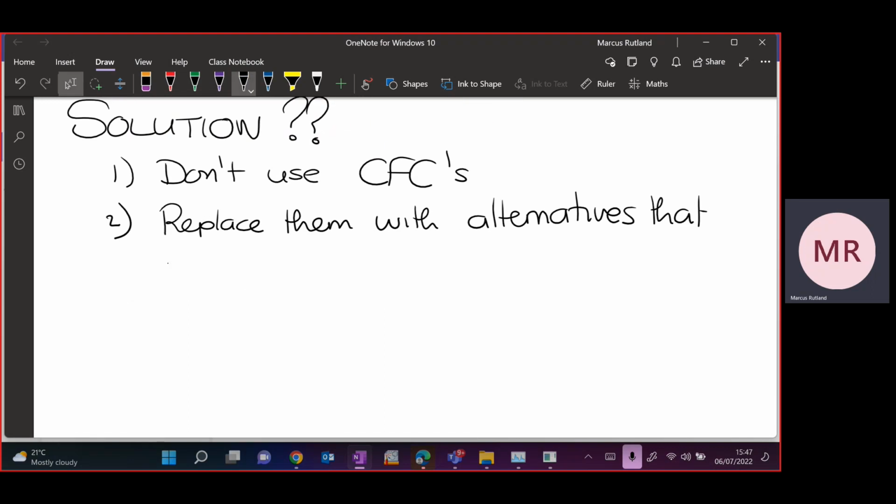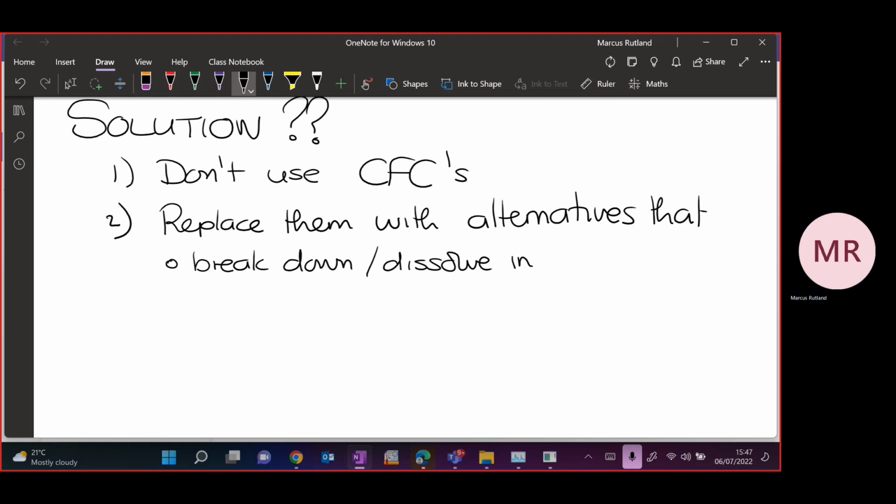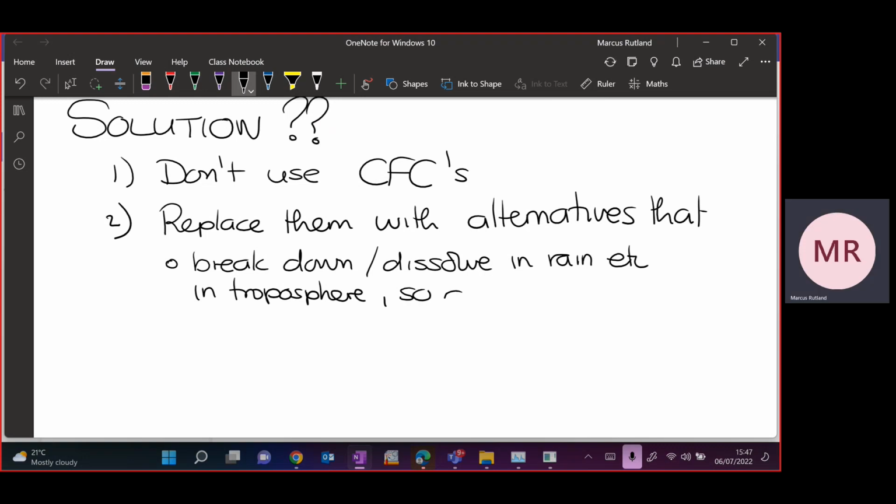And the two options here are that they break down or dissolve in rain, etc. in the troposphere, so they don't reach the stratosphere.